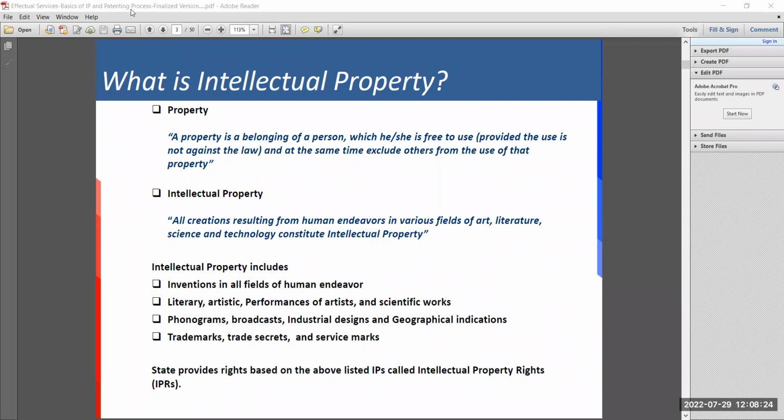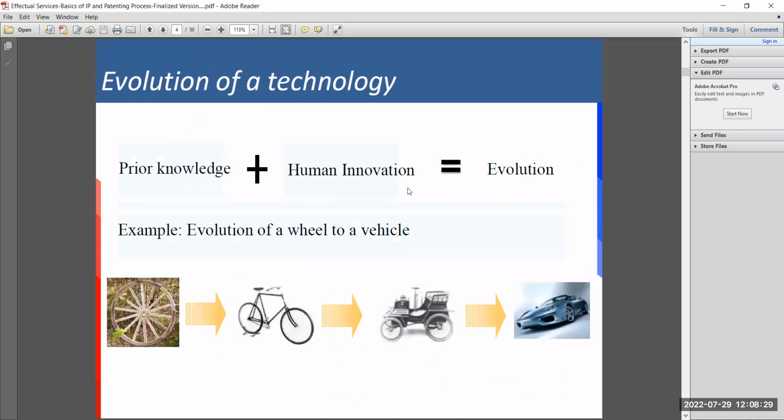So in brief, prior knowledge plus human innovation leads to evolution of that technology. You can see in the diagram in the slide that there's a wheel, then we invented the bicycle, then the cart, and then the car. So in this way, there is an improvement. This is the evolution of technology.